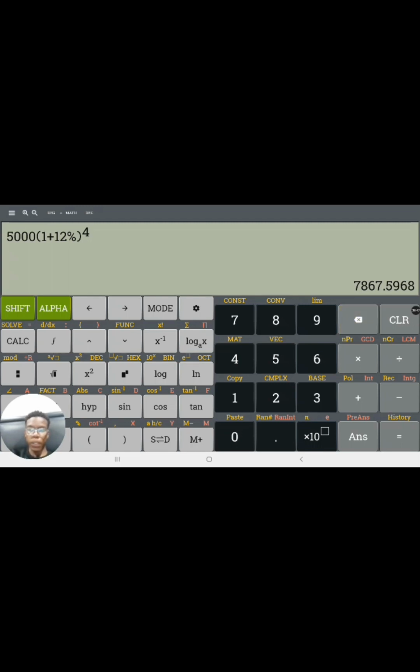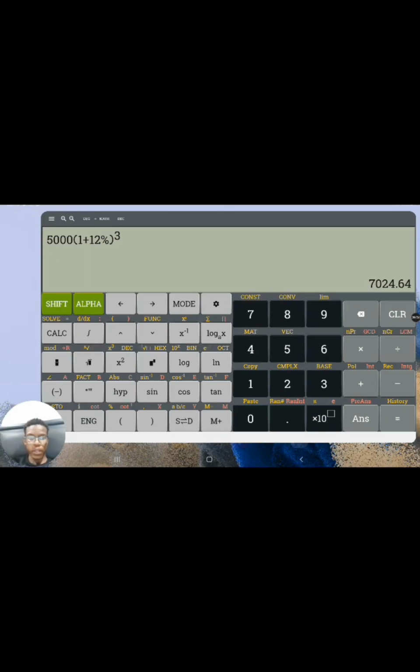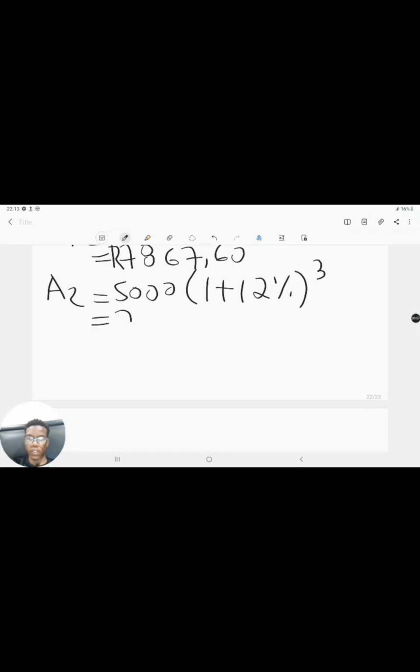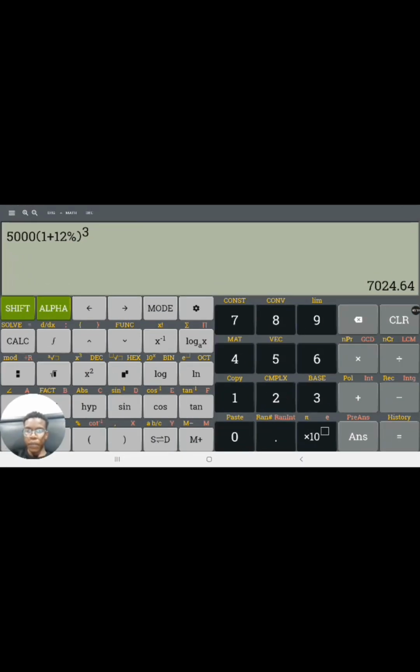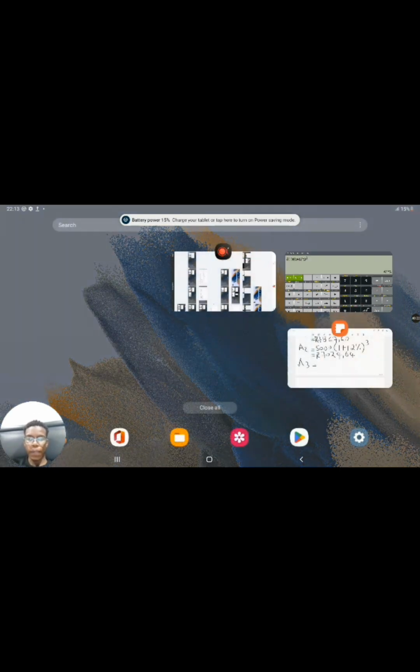This is going to be 7024,64. Then A3 is going to be 2 years there, right? 2 years, 6272.